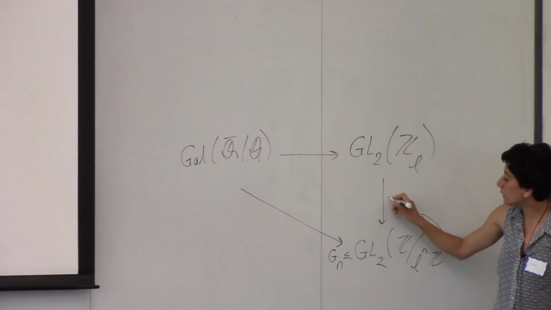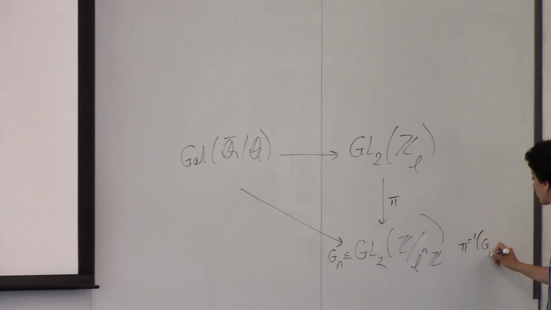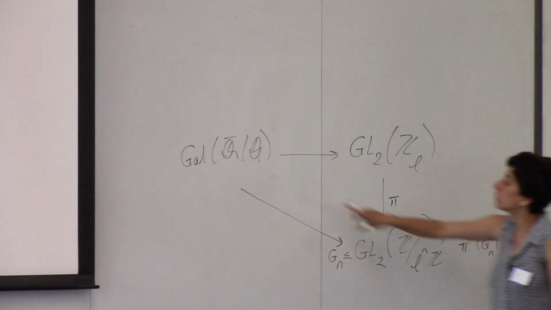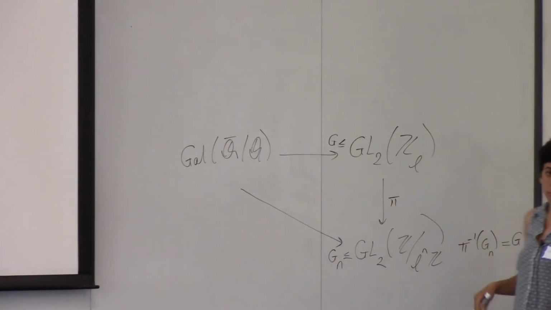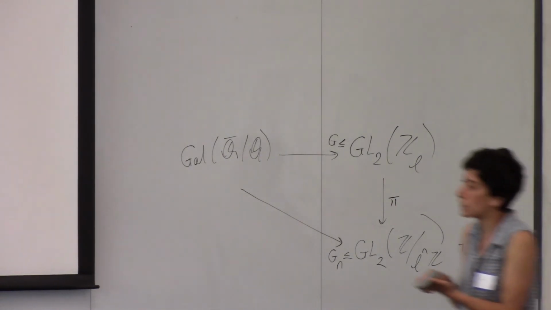And if I look at this map pi and take the inverse image of this group here, then that gives me the image of the Galois group here. And I'll call that G. So there exists such n so that I know that this happens. And that n is called the level of this representation, or the smallest such n.